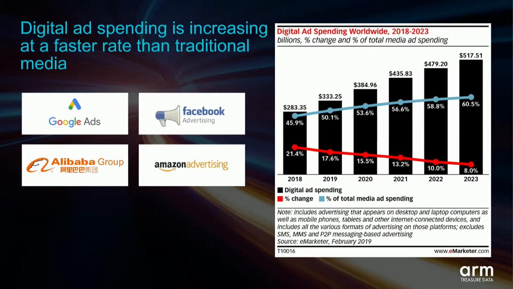And they've predicted that in 2023, in the next 3 years, it will be about 60% of the overall ad spend. And it's interesting to note that the big players, where people are actually spending their money, are the big duopoly of Google and Facebook.